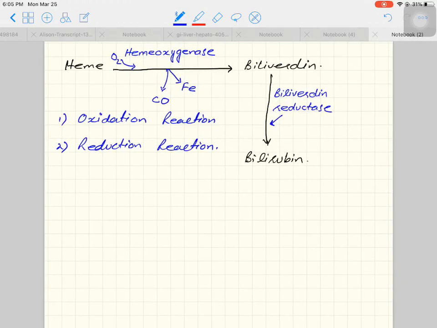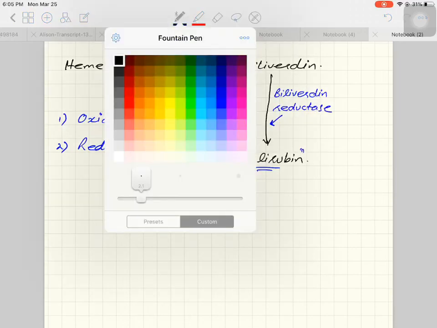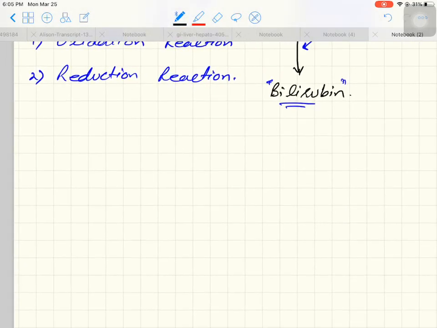So in this case, bilirubin is formed from the RBC breakdown. There are certain complications.